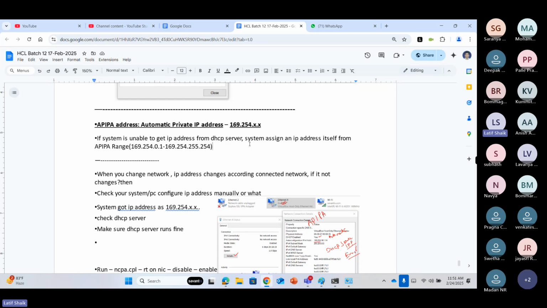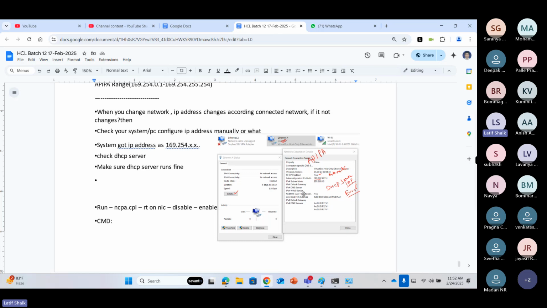In IPv4, either you get an IP address from DHCP or the system will configure some random IP in the range of 169.254. Okay. This is the APIPA, automatic private IP address. In case you fail to get an IP address from the DHCP server, the system will configure an IP address from this range based on your MAC address, of course.